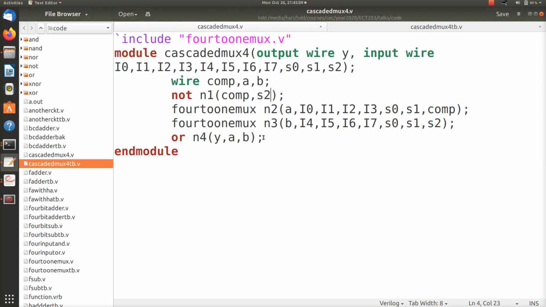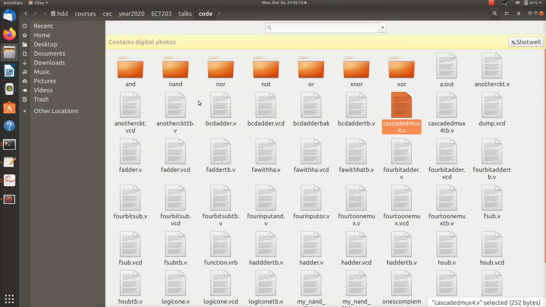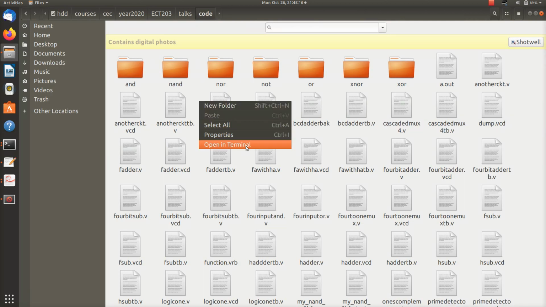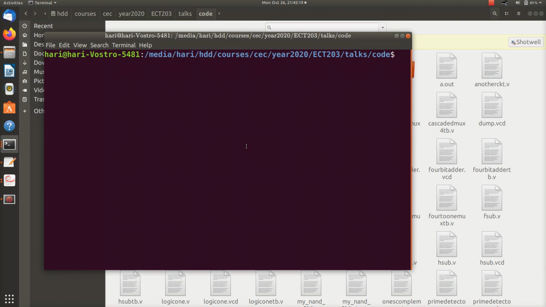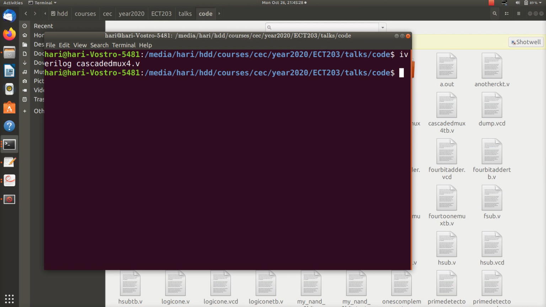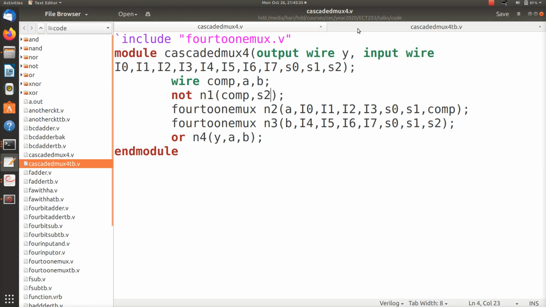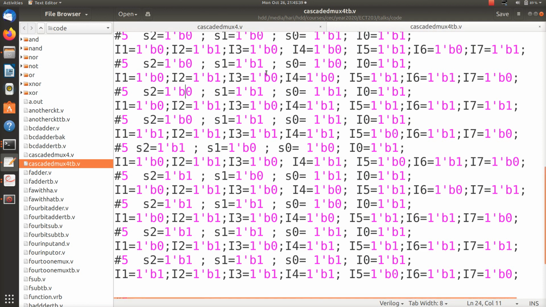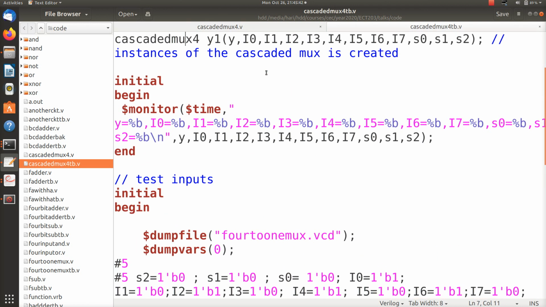Now I have to run this code. Open a terminal here. Now this runs without any error. Now I look into a test bench wherein I will include this cascaded mux 4 and apply some signals and test it.